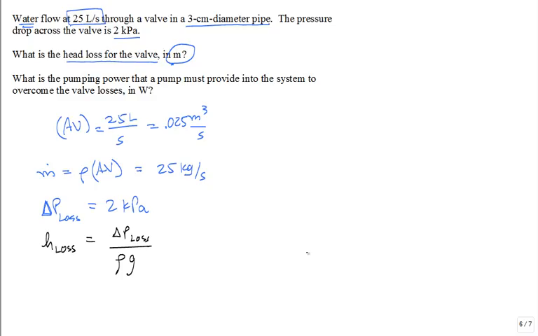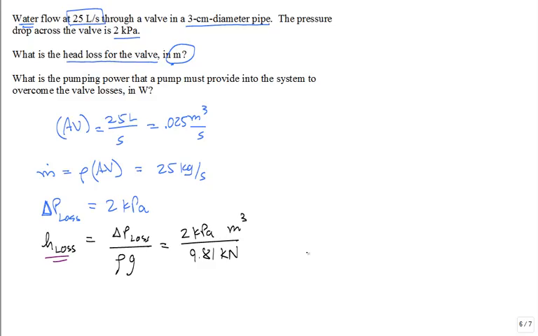Think again, what is pressure? Energy per unit volume. And if I had the weight per unit volume, then I could convert that energy to per unit weight, and that's exactly what the head lowercase h is. And so what is rho g? Weight density, or weight per unit volume. So we have 2 kilopascal divided by the weight density, 9.81 kilonewton per cubic meter.